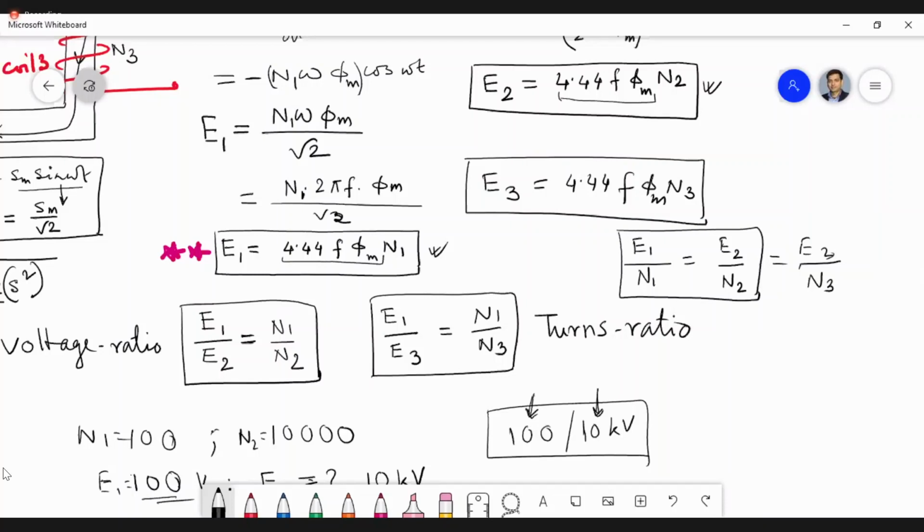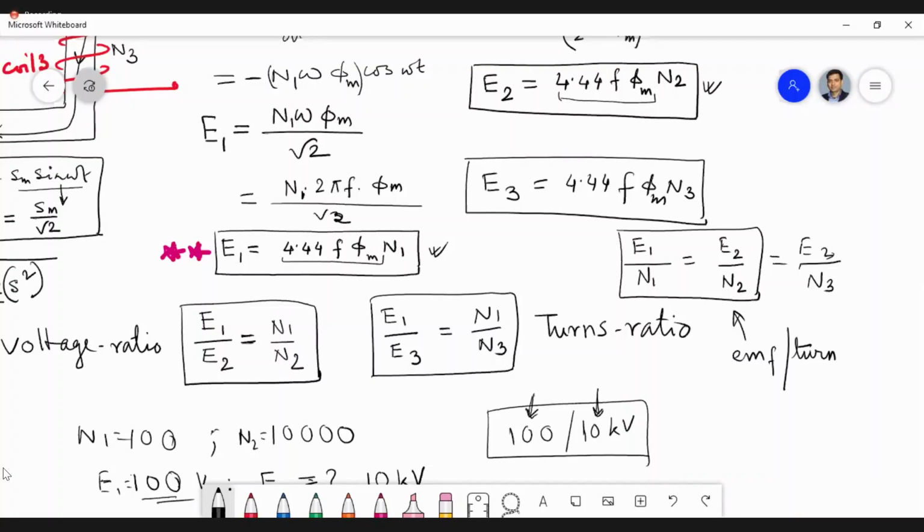So what does it mean? This is basically called the EMF per turn. What is the significance of this? EMF per turn is the EMF induced across a single turn, and that is the same for all the coils. One coil may have 100 turns, another coil may have 10,000 turns.